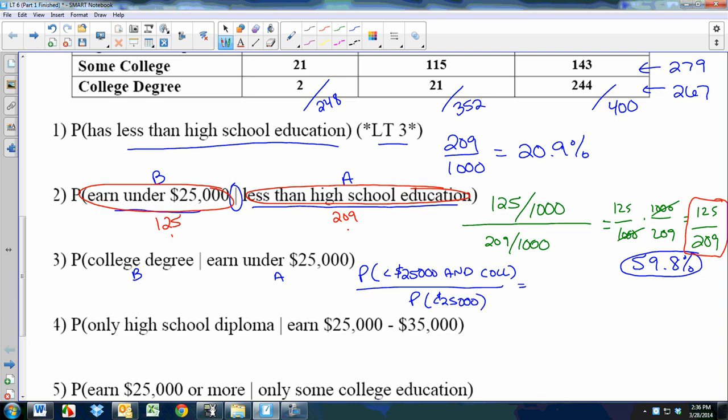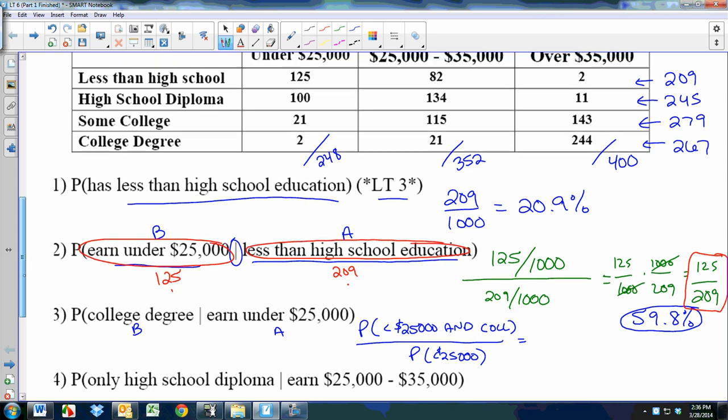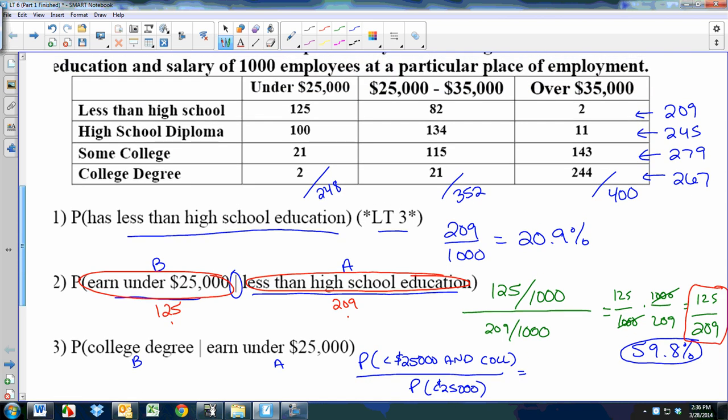Those probabilities: the probability of getting someone less than 25,000 and college. That would be those two right there.